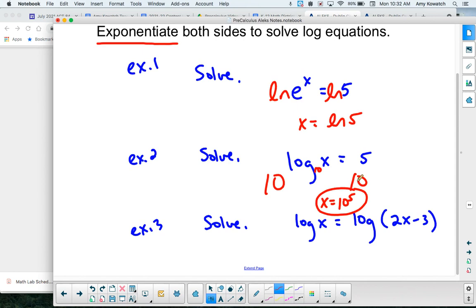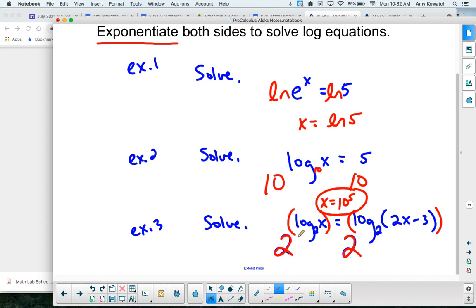In calculus, we do a lot of ln's, so I'll say e to the, 10 to the, 5 to the, whatever the base is. So let's make example 5 have a different base. So this is log base 2. So then we'll do 2 to the. When we exponentiate both sides, we are treating both sides of the equation as exponents.